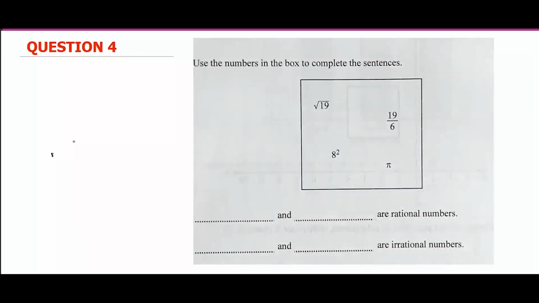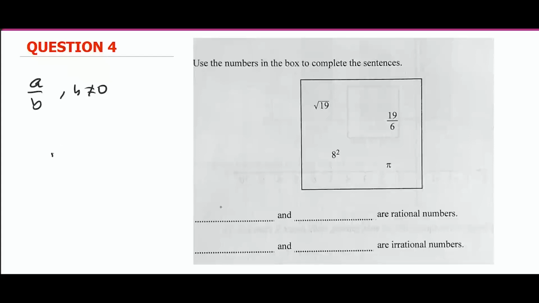Let's go to question number 4. Use the numbers in the box to complete the sentences: rational numbers and irrational numbers. Rational numbers are numbers that could be written in the form a over b, where b is not equal to 0. Any number that could be written in this form is a rational number.